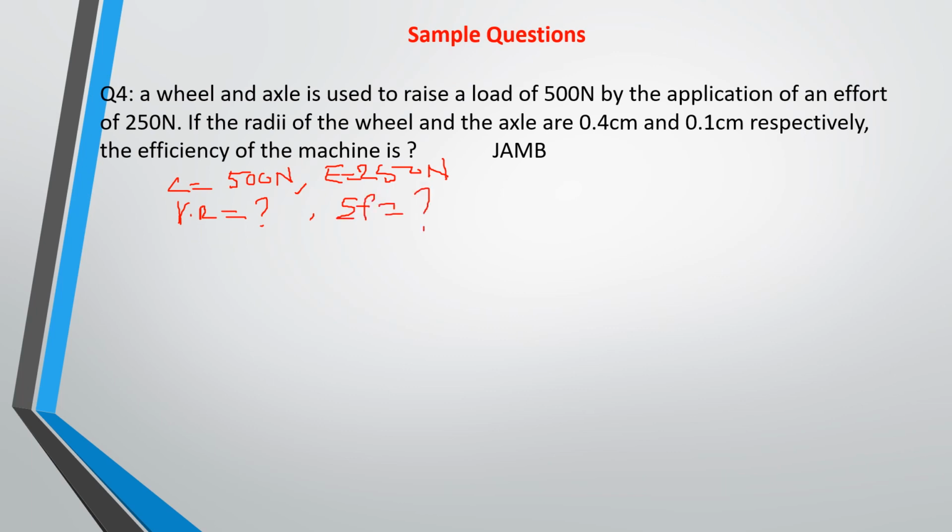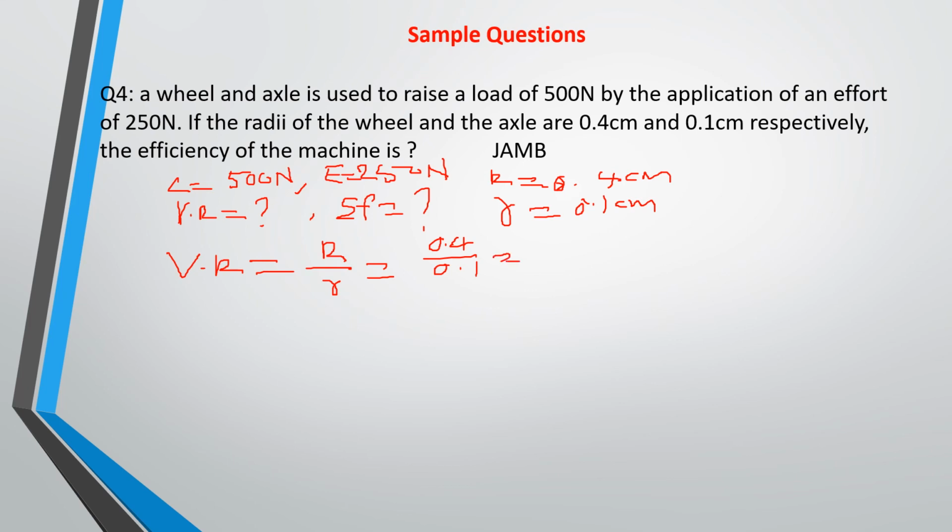All right, so velocity ratio in this wheel and axle is equals to big radius all over small radius. So you are given big radius to be equals to 0.4 centimeters, and small radius is given to be 0.1 centimeters. So for this one you have 0.4 all over 0.1. That gives you velocity ratio of 4 for this particular machine.